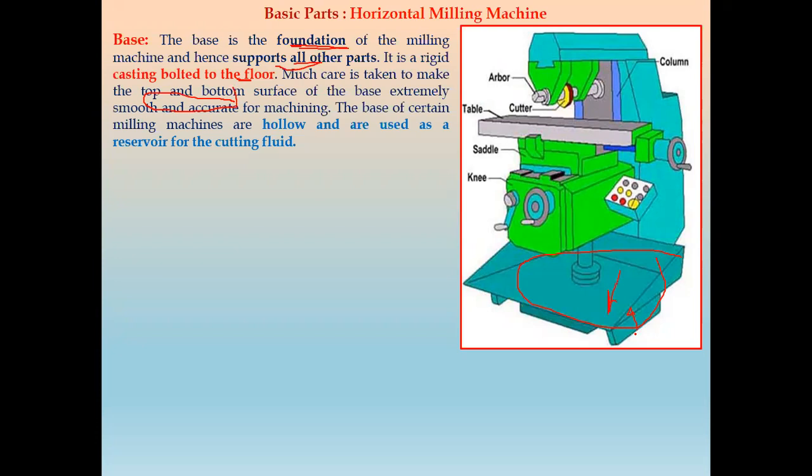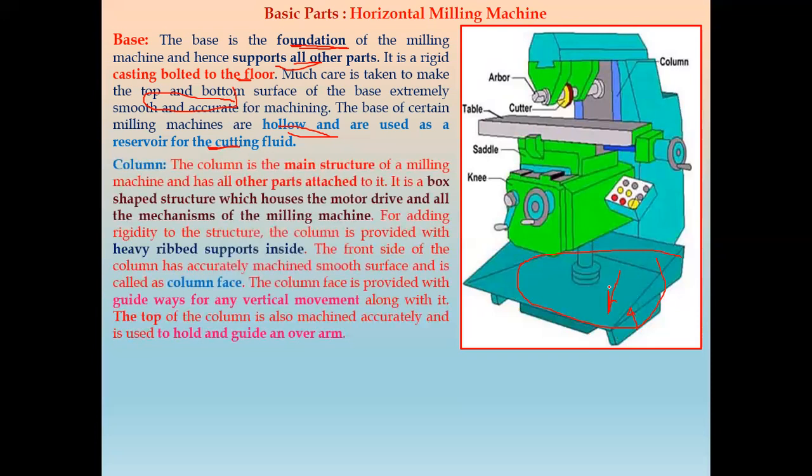Now the base of certain milling machines is hollow, and if we make the base hollow, we can use it as a reservoir for cutting fluid. This cutting fluid we can provide by using this base, and it will act as a reservoir to store that cutting fluid. So this is the first part, the base.